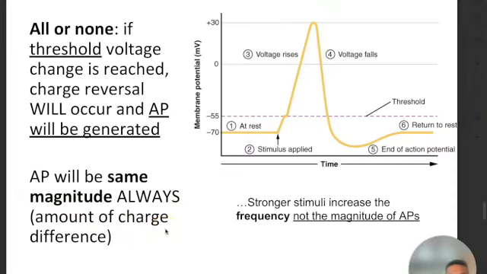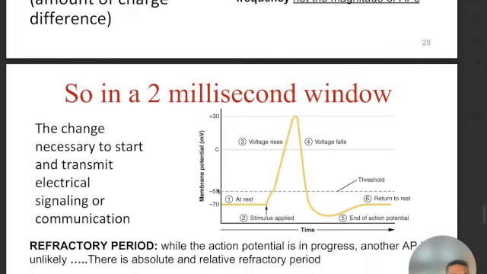Okay, so if you have a stronger stimulus, it will increase the frequency, but not the positive 30, minus 70. Okay, but you have a lot more. Okay, so here's that threshold. You have to reach that threshold for an action potential to happen.